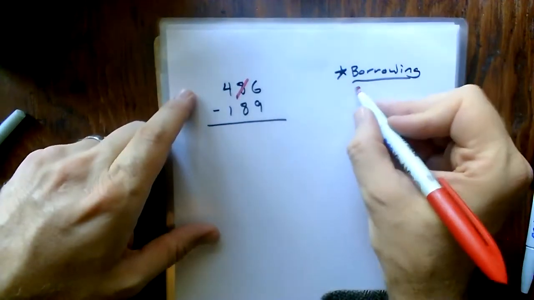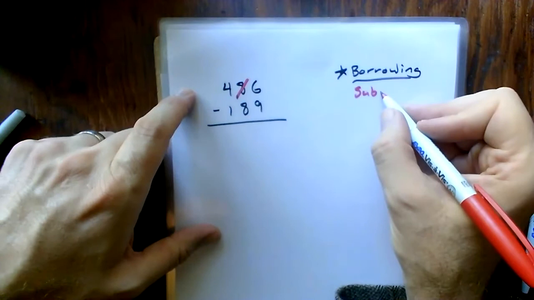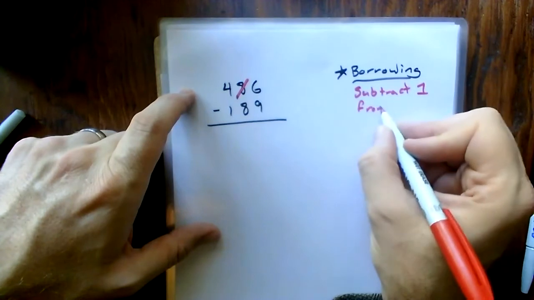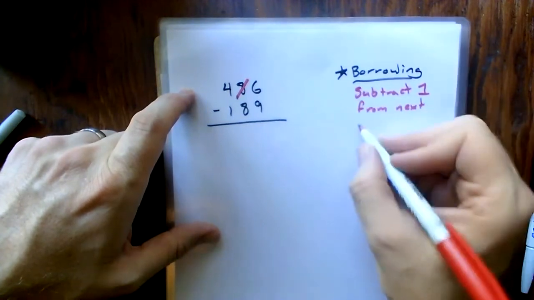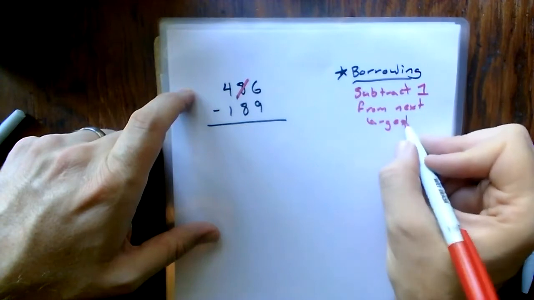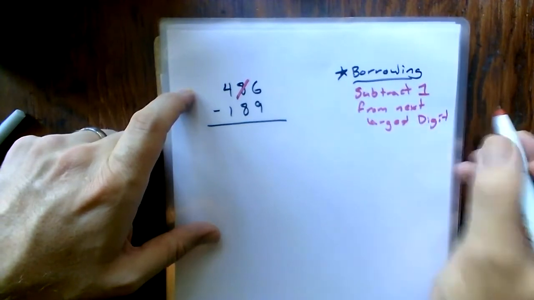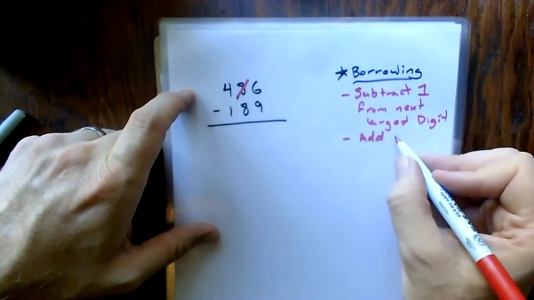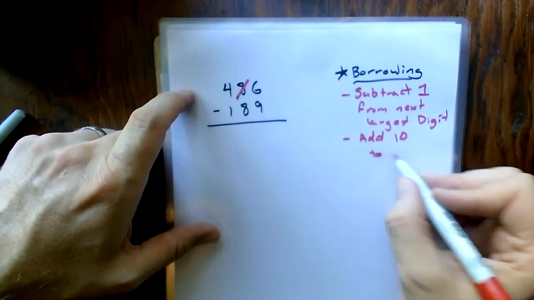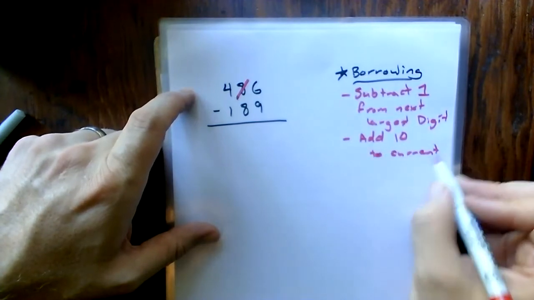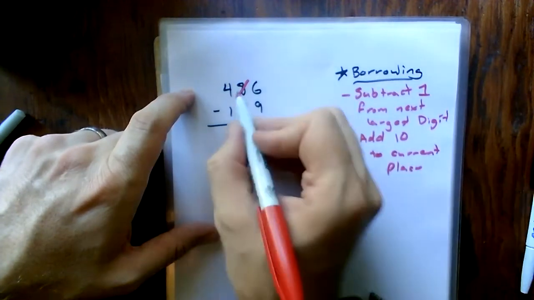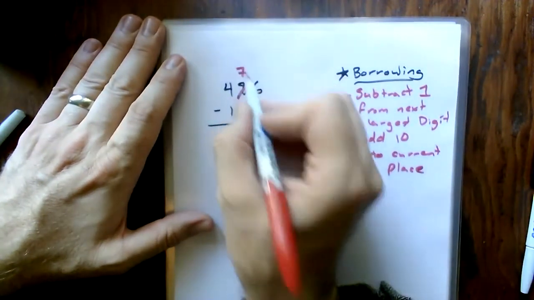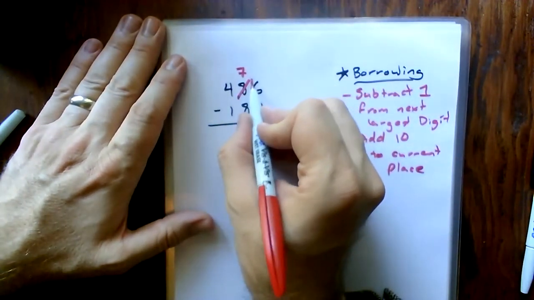When we borrow, we're going to subtract 1 from the next largest digit, and then we're going to add 10 to our current place. So when I subtract 1, this 8 becomes a 7, and this 6 becomes a 16.